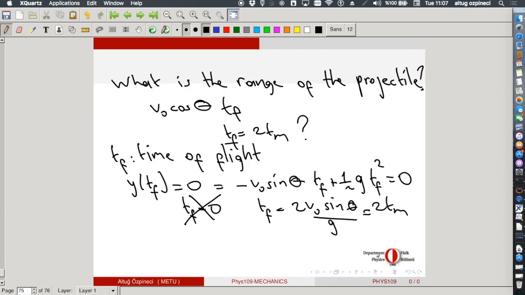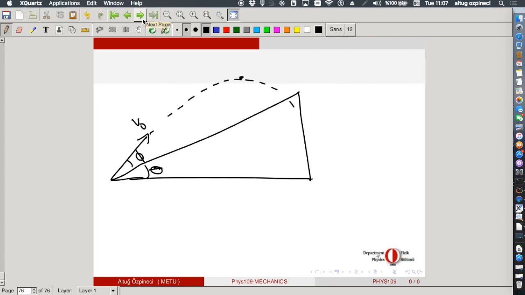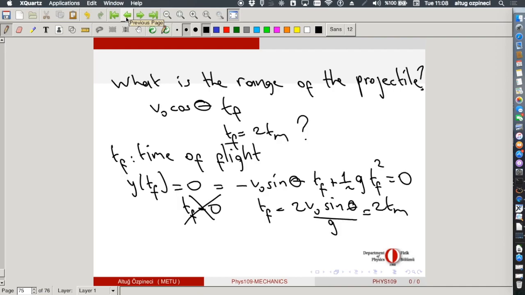But if you look at the other problem, you cannot apply the same principle because this inclined plane is not symmetrical about the vertical. So it will not be twice the time to reach the maximum height. We will look at that problem next, but for the time being, let's stick with this one.